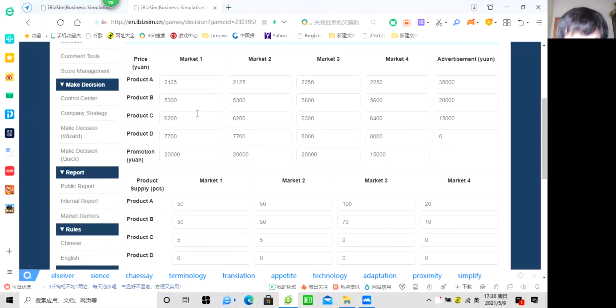So that means the products are sold in different areas. Our factory produces 4 types of products: product A, product B, product C, and product D. So that means place.